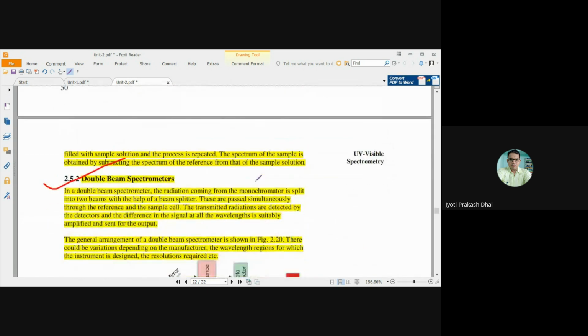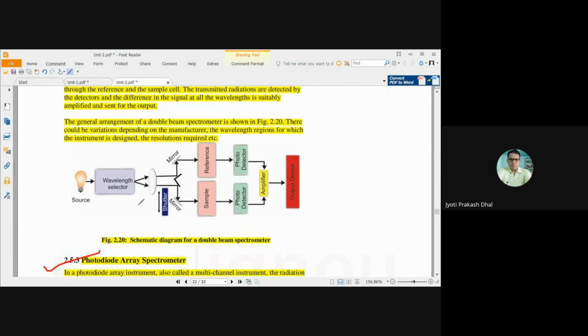But in the case of a double beam spectrophotometer, two different beams of monochromatic light will pass through the instrument. One will be passed through the reference and another will be passed through the sample. The reference means, suppose you make a solution of your sample in a solvent. So in the reference you will put pure distilled water, and in the sample, the sample dissolved in distilled water.